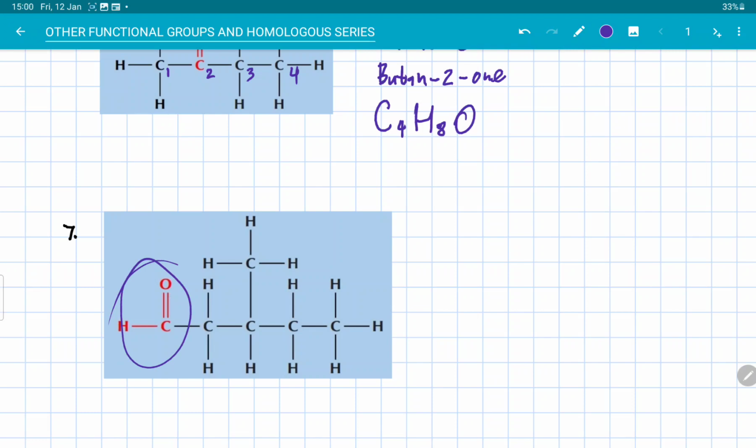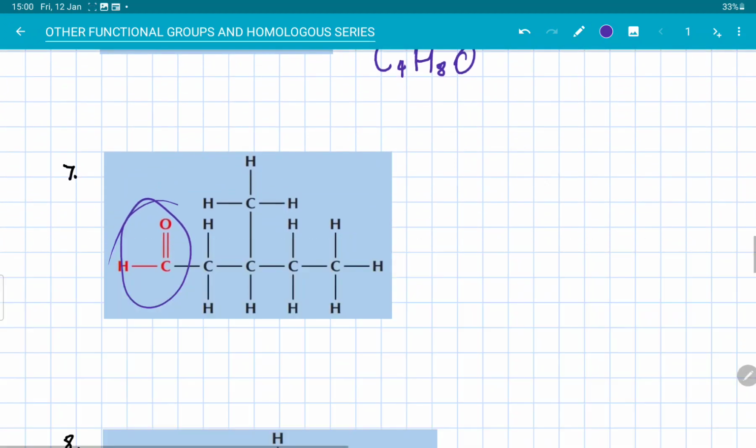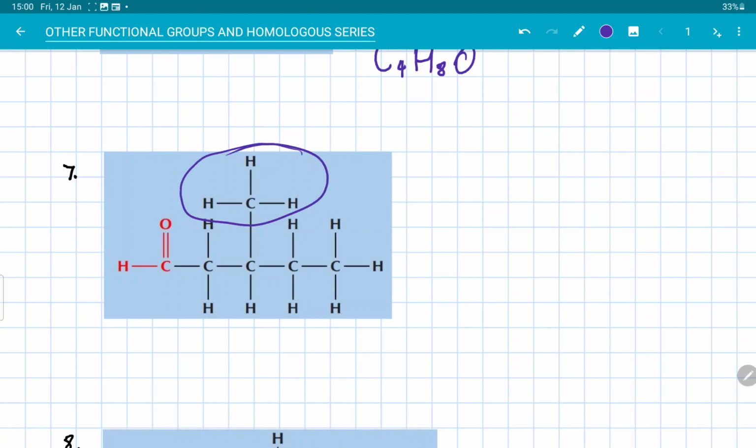Difference between formyl group and carbonyl group. Carbonyl group, you see double bond O attached to 2 other carbon atoms. Then if it is a formyl group, you see double bond O attached to at most one carbon atom. So essentially, this is a primary carbon atom. There is also a branch here, because if I count from the closest to the functional group, it is 1, 2, 3, 4, 5.